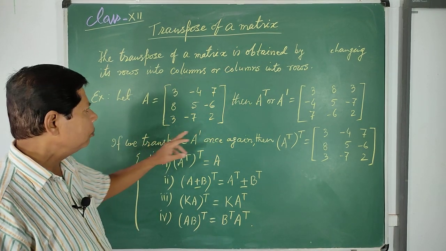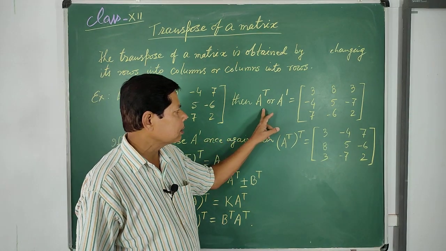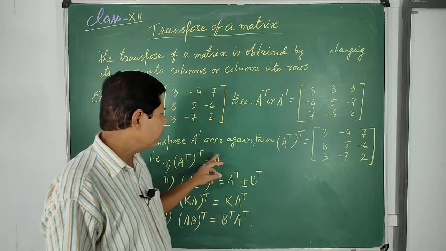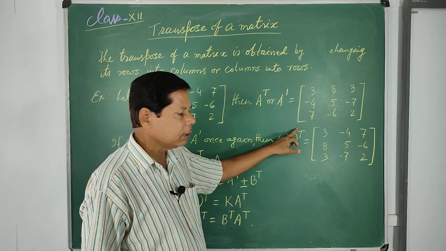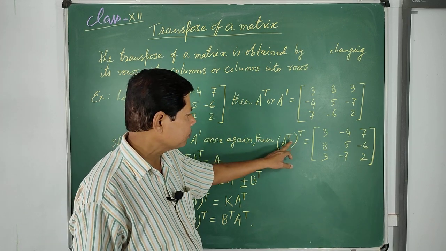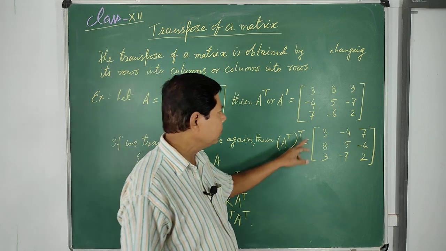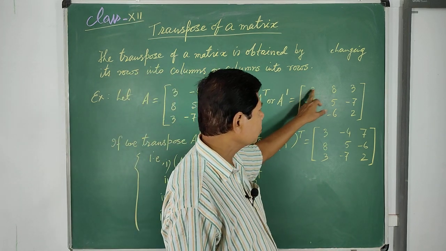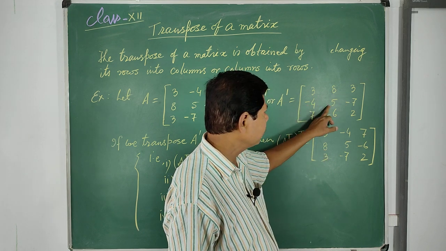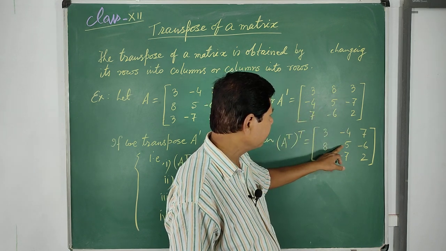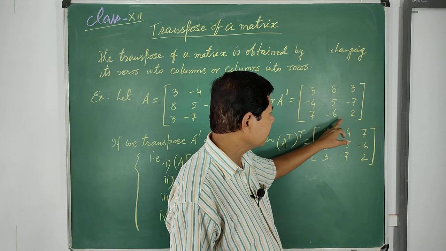Now, if you transpose this matrix once again, then what happens? A^T is obtained, then further T, that means the transpose of the transposed matrix is equal to, again changing these rows into columns, 3 8 3, minus 4 5 minus 7, 7 minus 6 2.